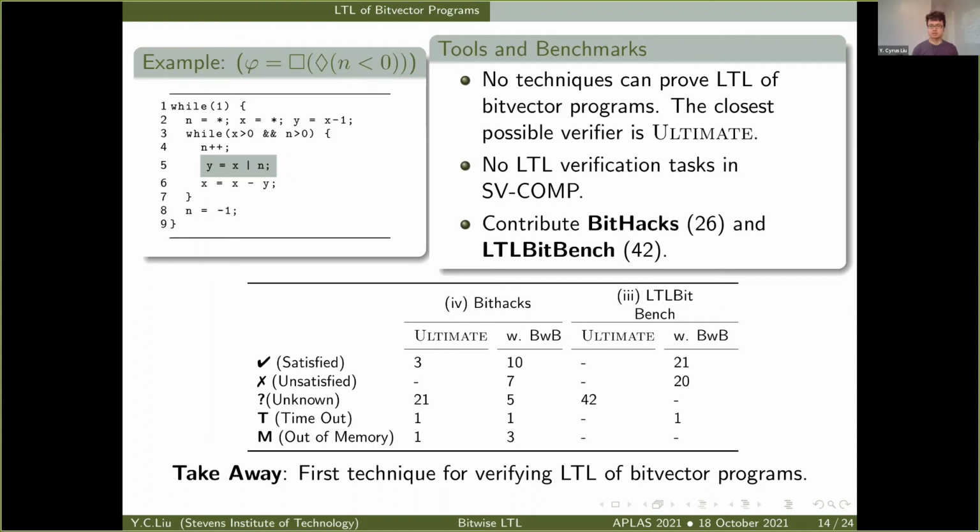As you can see here, the experiment result shows that Automizer with our bitwise branching applied can successfully prove most of our benchmarks, while it fails and reports unknown for the original Automizer here.